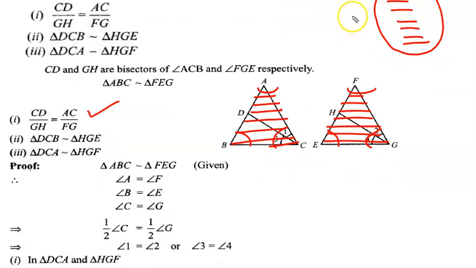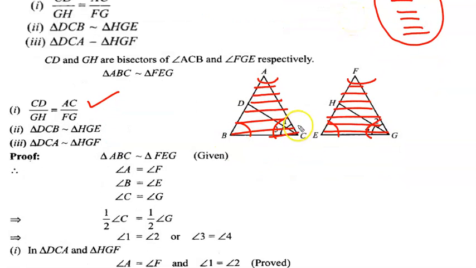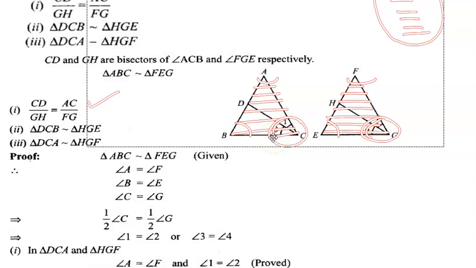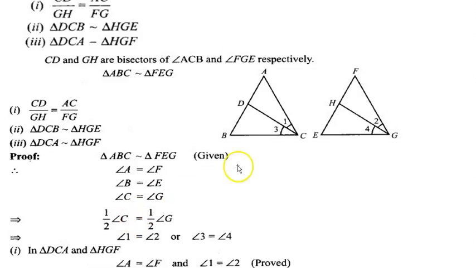Now this angle is C, and this angle is G. When we take the bisector, half of C divides it into two parts. Similarly, GH divides G into two equal parts.